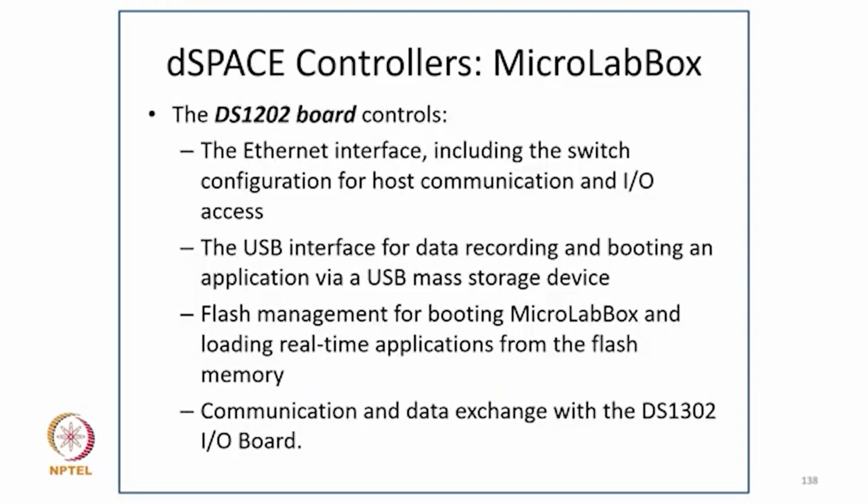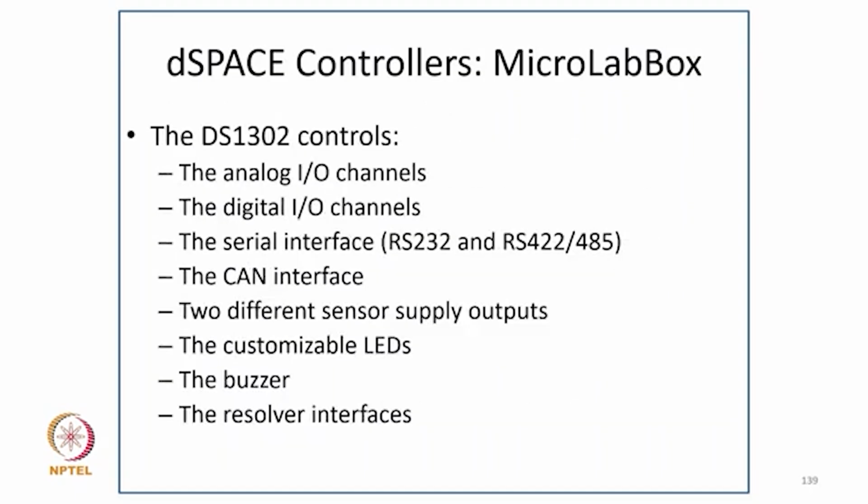So the DS1202 board controls the Ethernet interface, including the switch configuration for host communication and input-output access, and the USB interface for data recording and booting an application via a USB mass storage device, and flash management for booting MicroLabBox and loading real-time applications from the flash memory, and communication and data exchange with the DS1302 input-output board.